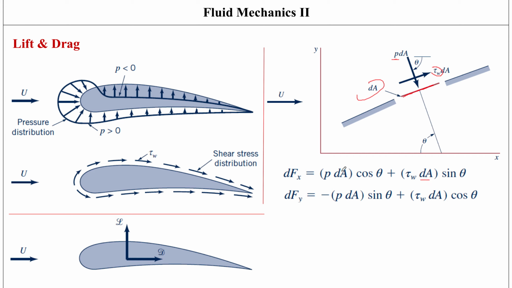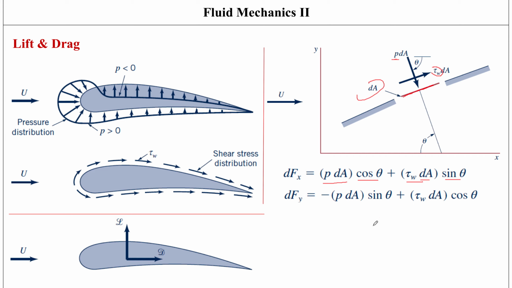That would be in terms of the force that is being applied here, which is pressure into area, and obviously the cosine component of it, plus the force that is being applied because of the shear stress, so tau W into dA, into the sine component of theta here. And then the same way for the y component of the forces, I could do the exact same thing and apply the force balance onto it.